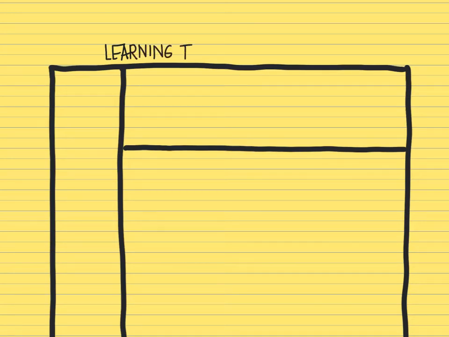So go ahead and write that. Learning target number 1. And our learning target number 1 asks us to write expressions, writing expressions. So you're going to go ahead and put that at the top of your paper, writing expressions. So that is your title.